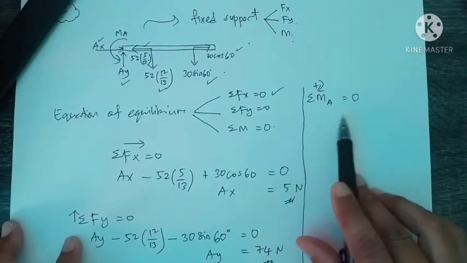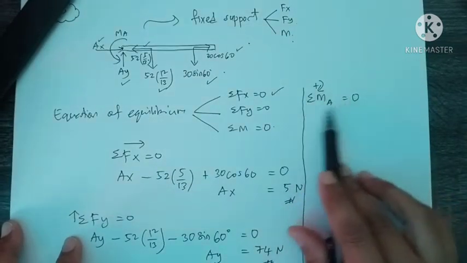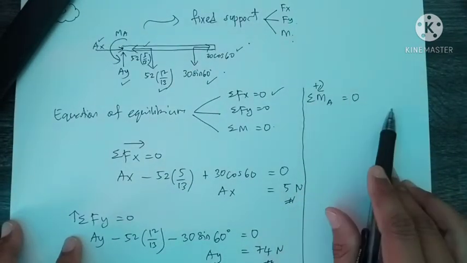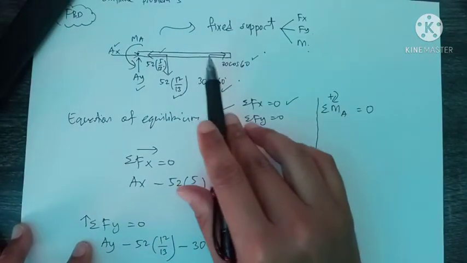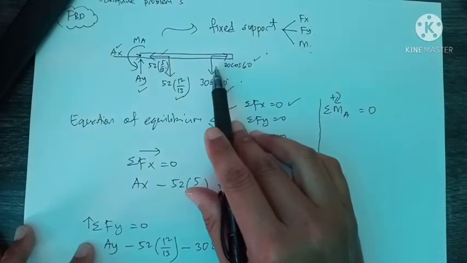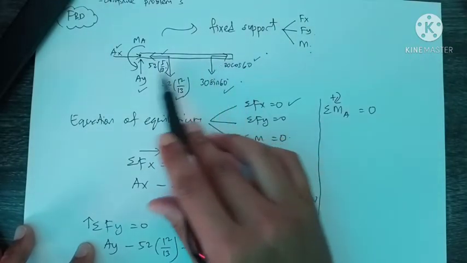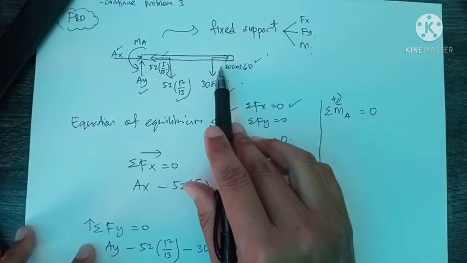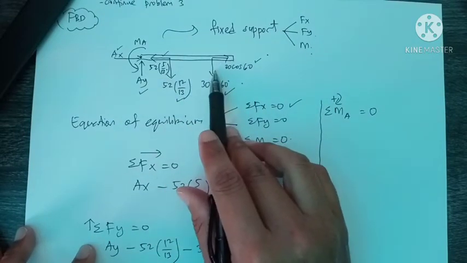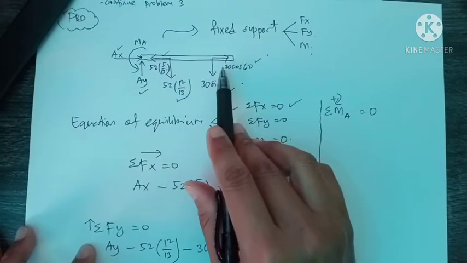To simplify this moment equation, we can analyze which forces will produce 0 moment. There are forces that will produce 0 moment here.